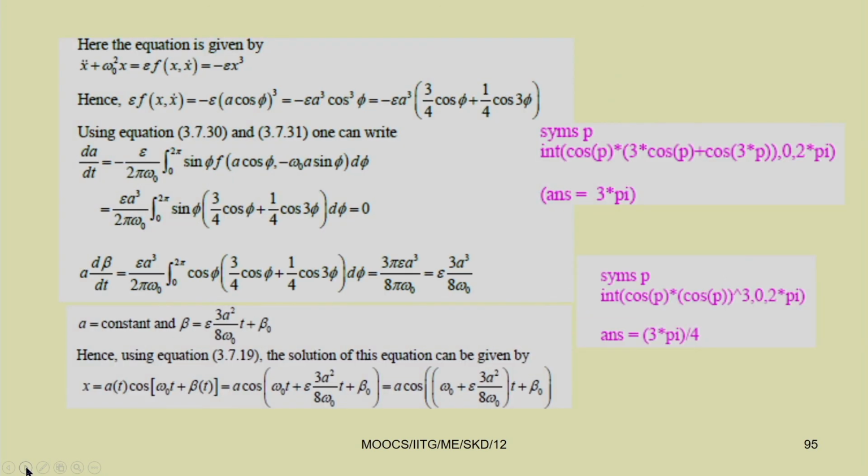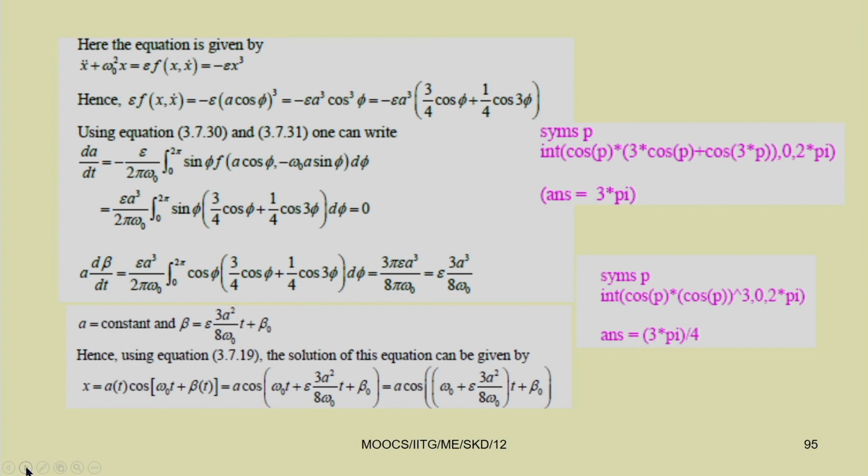For example, if we take the Duffing oscillator, that is the Duffing equation, x double dot plus omega 0 square x equal to epsilon f(x, x dot). Let us take it without damping and without forcing.